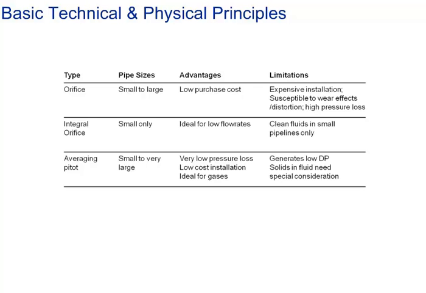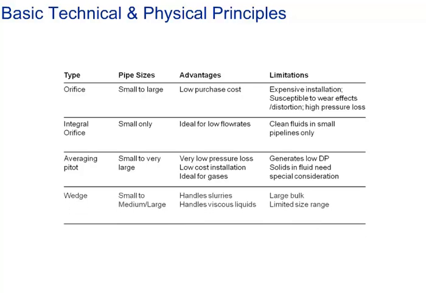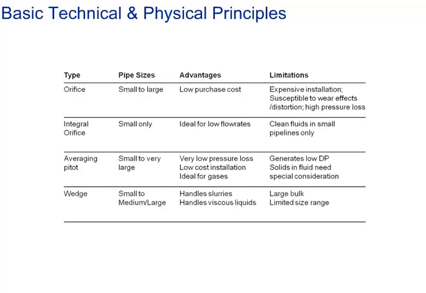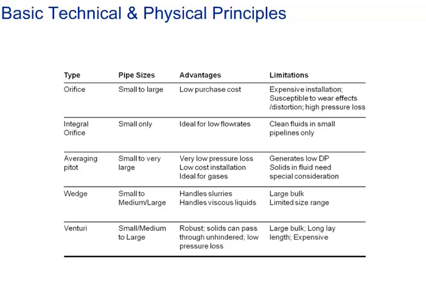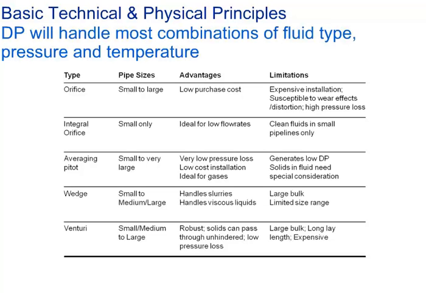Averaging Pitot tubes incur a very low pressure loss and can be installed at relatively low cost, but they generate a small differential pressure. Wedge meters will measure liquids that are slurries and/or are viscous, but are quite large in size and weight. Venturi meters are particularly robust and only incur a small pressure loss, but they have a long installation or lay length and are expensive.